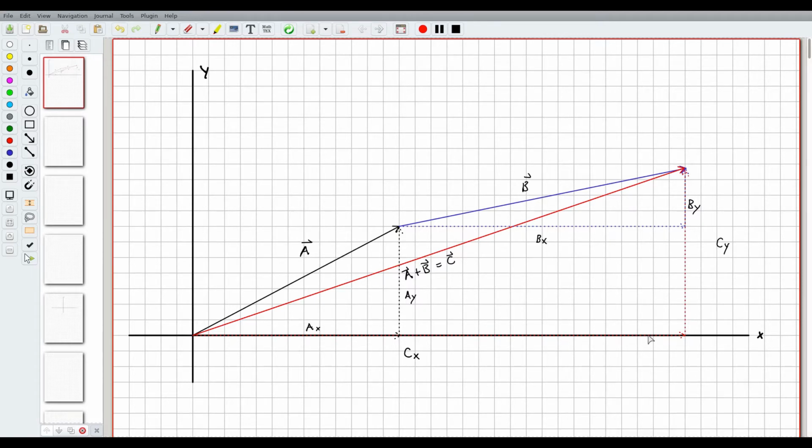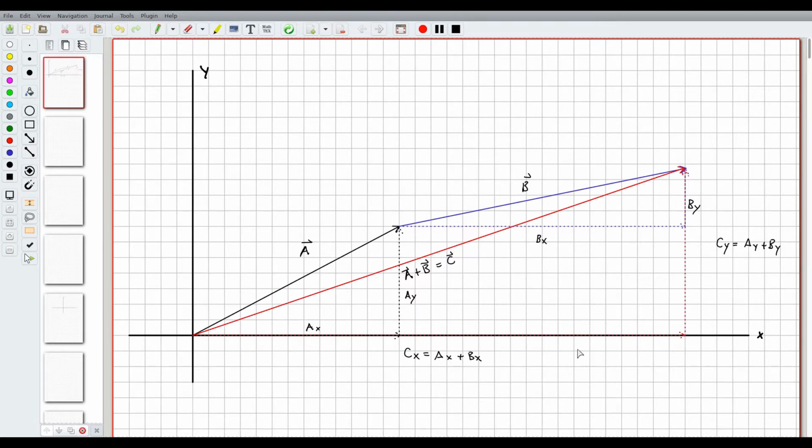Now let's take a look at what that means. So look, the y part, CY, is what you get when you take and add AY's length to BY. AX plus BX is CX.